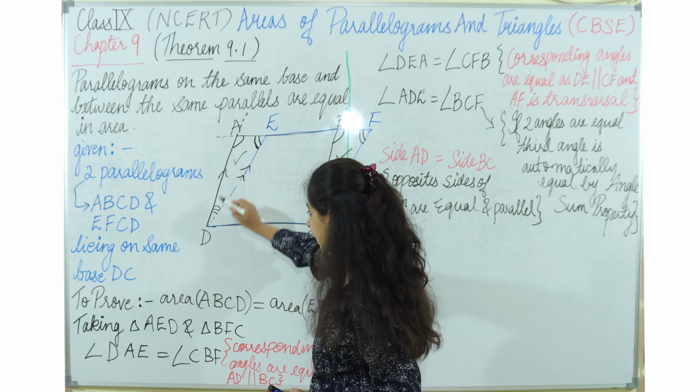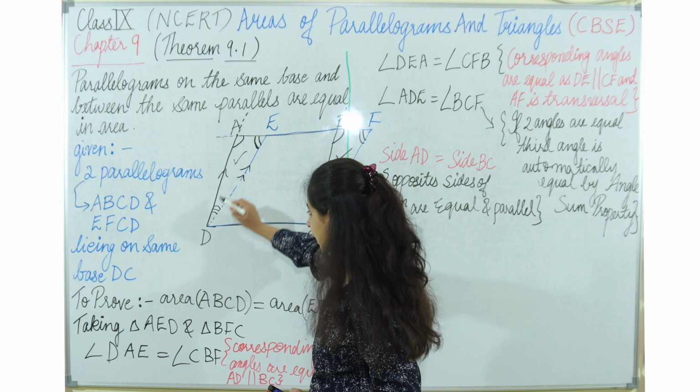So we can see over here, this whole area ABCD is comprised of this and this. So if we see the two divisions, we can say that area of parallelogram ABCD is equal to area of AED plus the quadrilateral area EBCD.